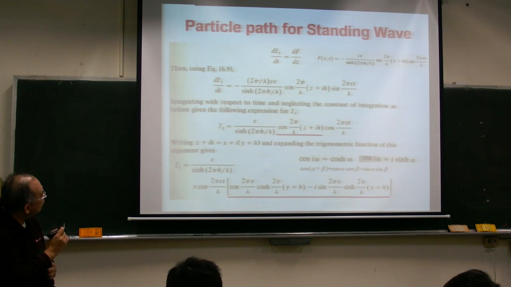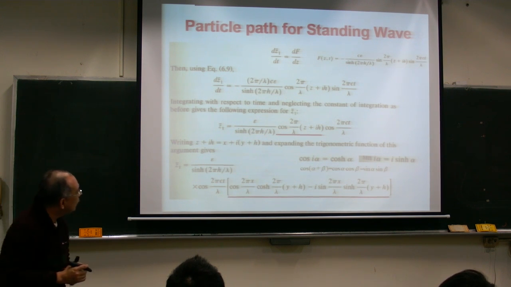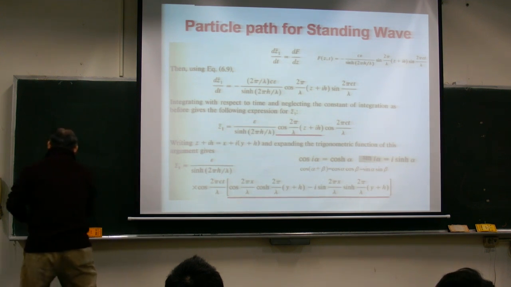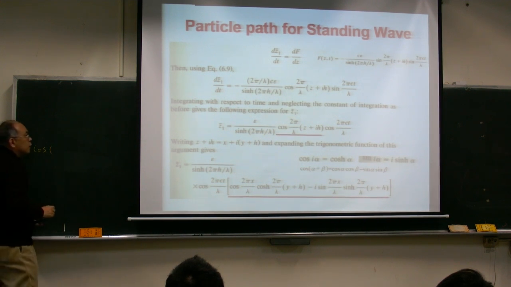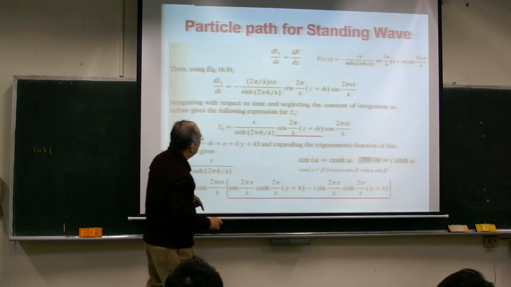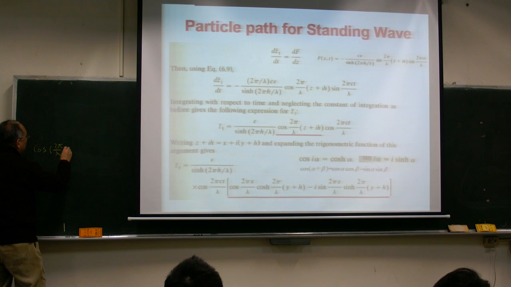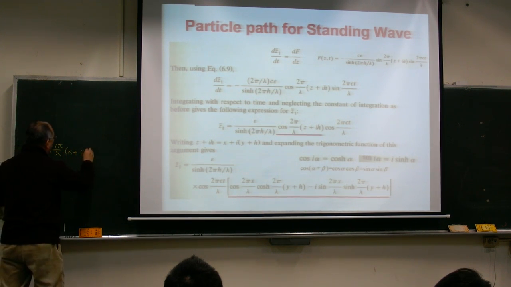Okay, for inside this bracket here, the term becomes 2 pi over lambda times x plus i times y plus h.